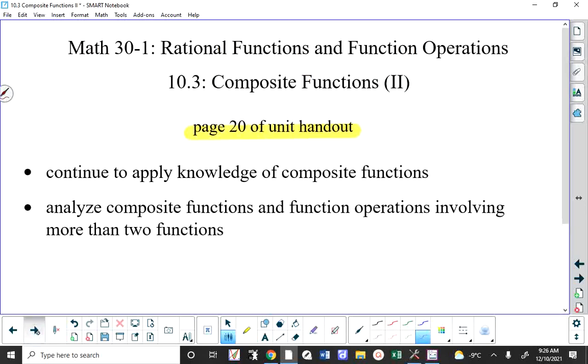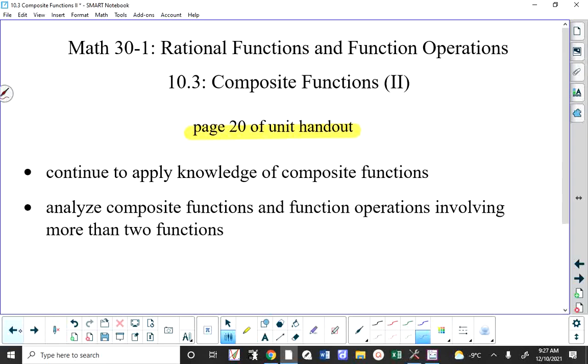All right, so the problems we're going to be working on today, this is on page 20 of your unit handout. These problems are going to be more complicated. So the difference is a matter of complexity today. So we are going to be analyzing composite functions and function operations that involve more than two functions.